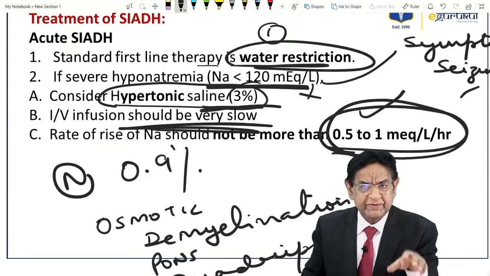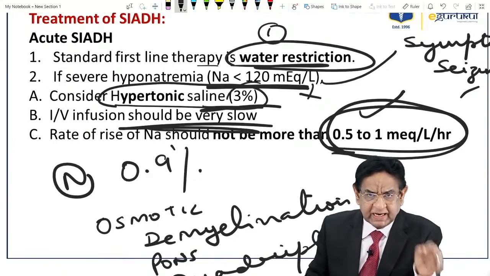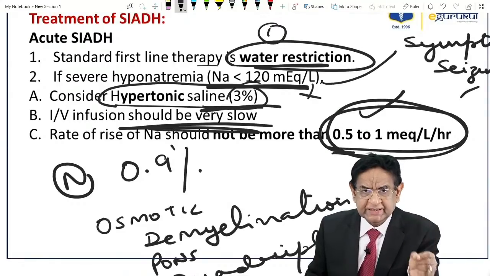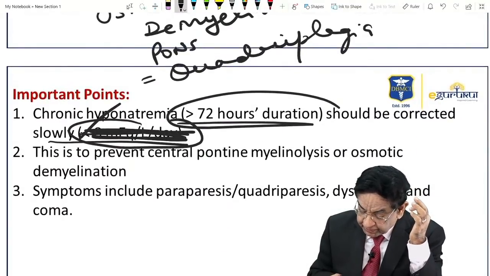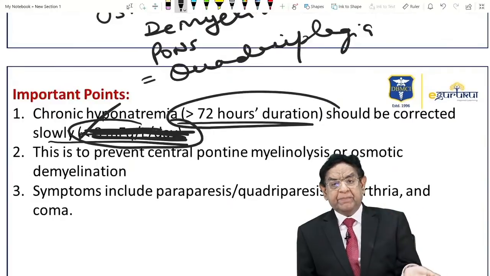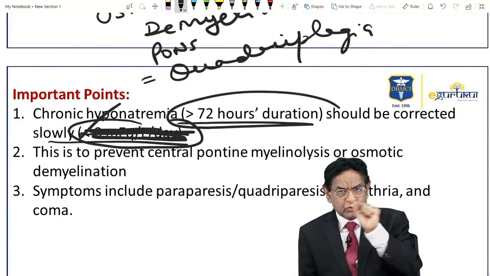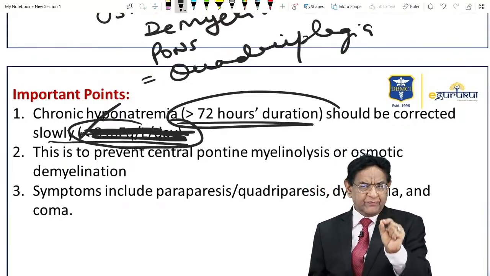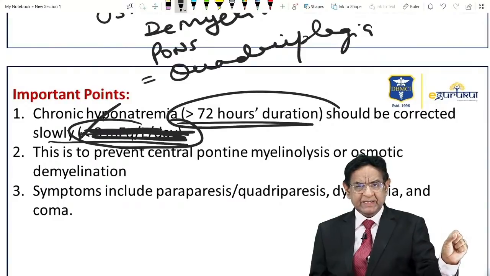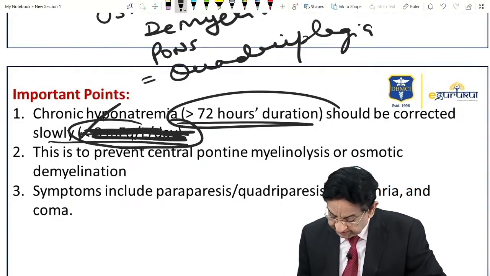Whether acute or chronic, when you give hypertonic saline, the rise should be 0.5 to 1, and this absolute value carries no meaning. Why? It depends on the body weight also. So many factors are there. So don't go by absolute amount. Just increase the level by 0.5 to 1 per liter per hour. Okay, I made your subject very easy.